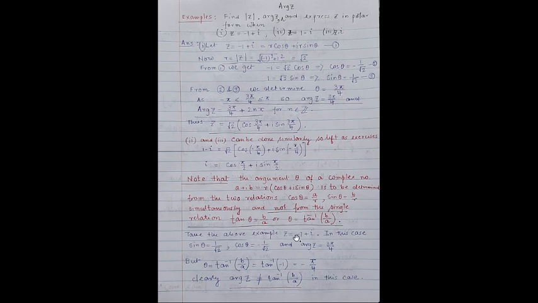For example, think of this minus 1 plus i. In this case, we have already seen that the principal value of the argument is 3 pi by 4. But sin theta is 1 by root 2, cos theta is minus 1 by root 2. And if you are tempted and make the mistake, theta is tan inverse b by a, it is tan inverse minus 1, and the value is minus pi by 4.